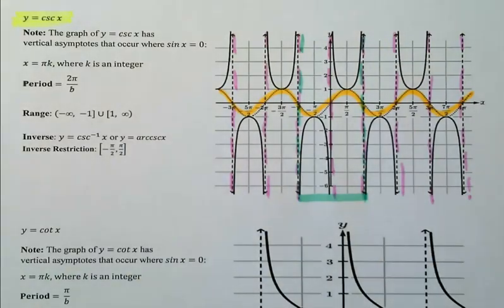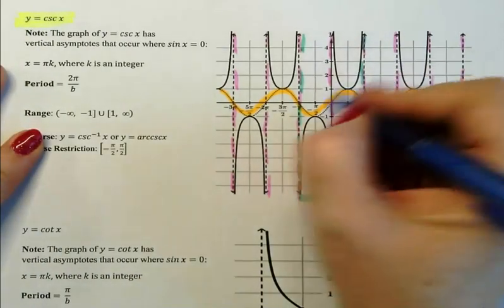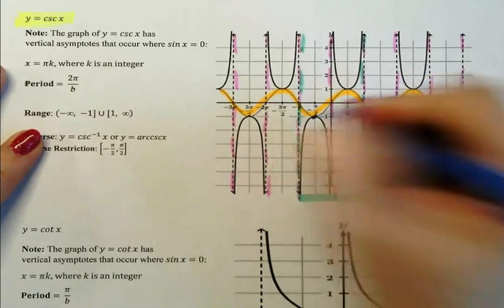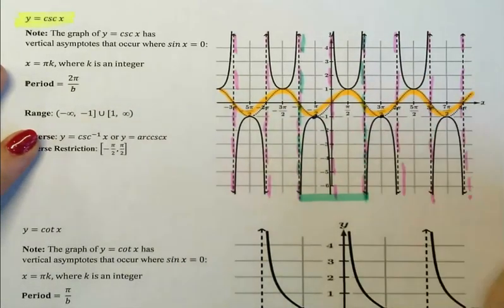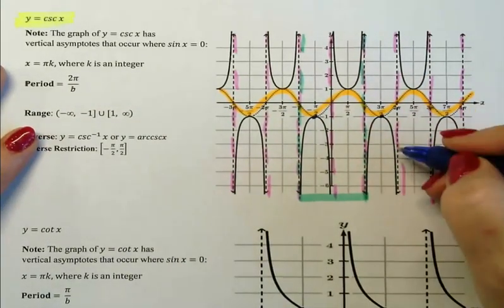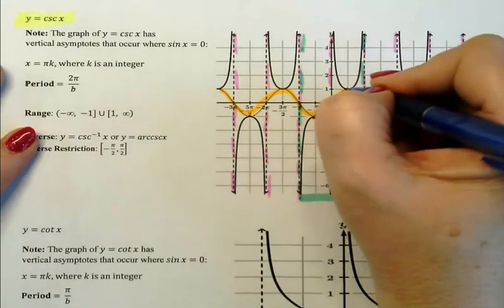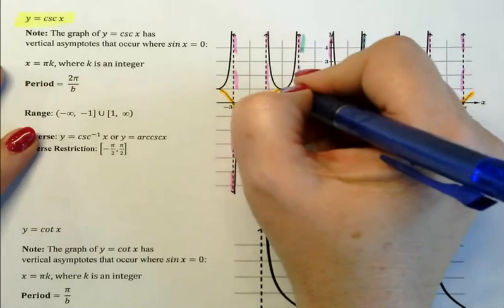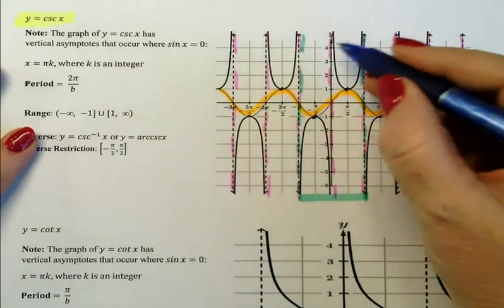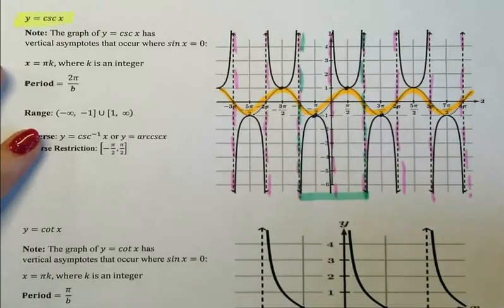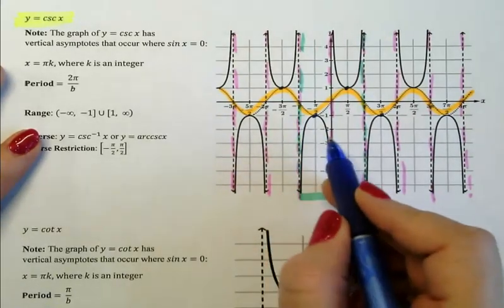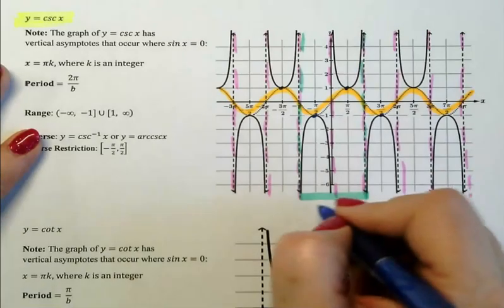Just like our last graph, secant, the low points on the sine graph will be the high point or the top of the hill, and the top of our sine graph will be the bottom of the valley. And it once again takes one hill and one valley to make one period.